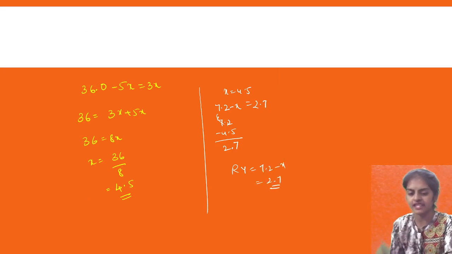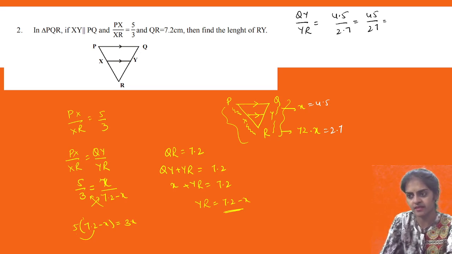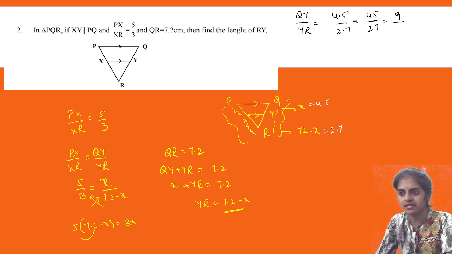Now if you take the ratio, let us see if the ratio is the same or not. What is the ratio I need to find here? I need to find QY by YR ratio. This is 4.5 by 2.7, or I can simply write it as 45 by 27. In 5 table, 5 nines are 45. No, sorry.